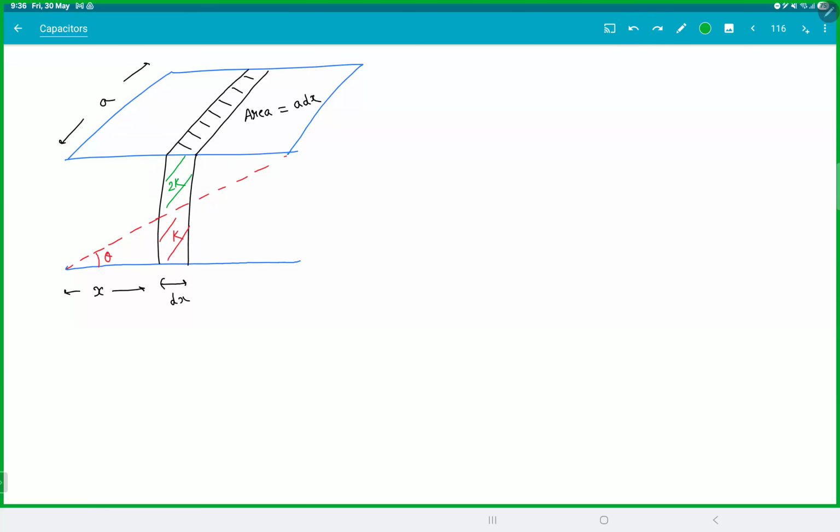Is that making sense? And like this, if you take every rectangular strip, all these strips are in parallel. Now can you try? I'll give you a minute or two. You have to take thin vertical strips. All the strips are in parallel because they have the same potential difference.